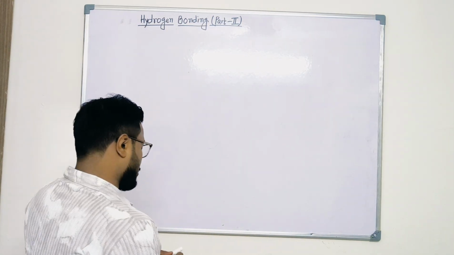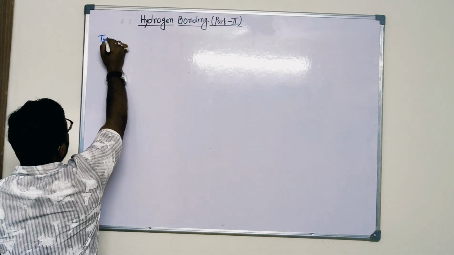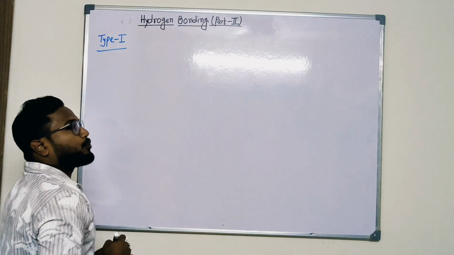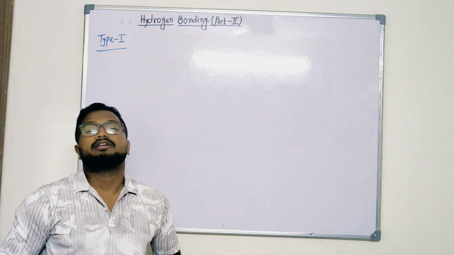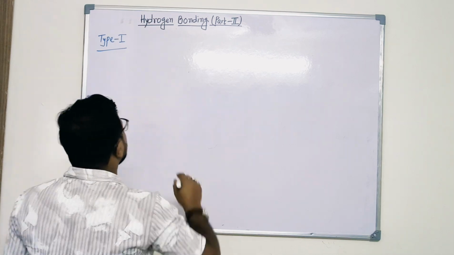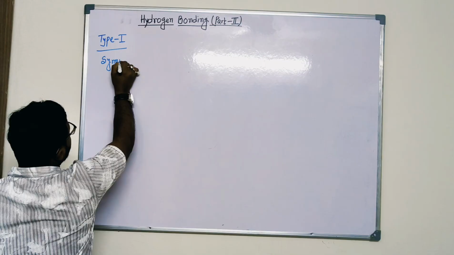First, we are going to take type 1 of hydrogen bonding. What is type 1? Type 1 signifies symmetrical and unsymmetrical hydrogen bonding. First we are taking symmetrical hydrogen bonding.